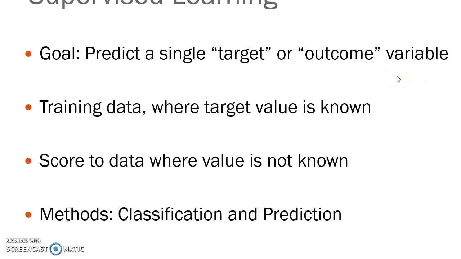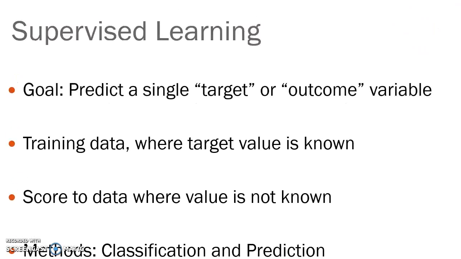So the first one is supervised learning. In supervised learning, we are using a data set that has a column or an attribute that is predicting something in that data set. To give you an example, you could have a data set full of car insurance records.